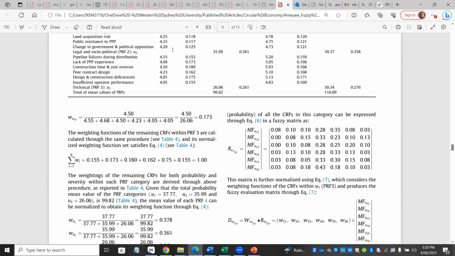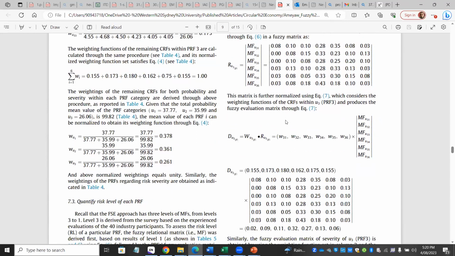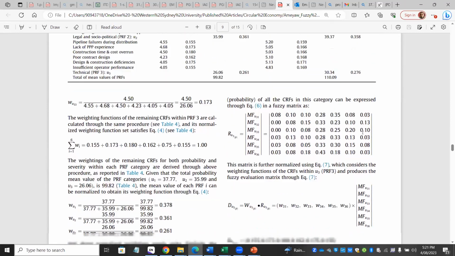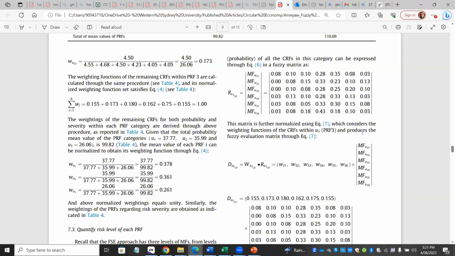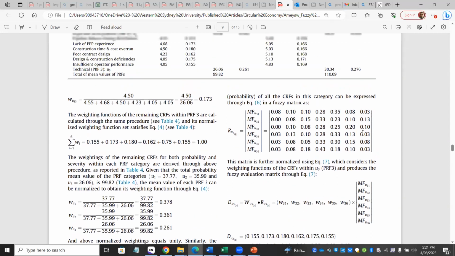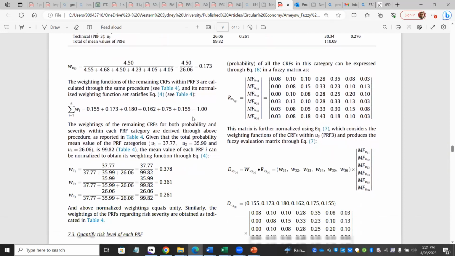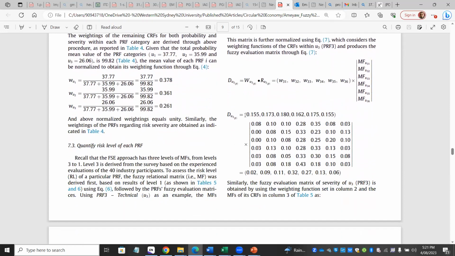That's exactly what has been done here. The weightings by the membership function. If you take the probability of occurrence, the weightings are 0.155, 0.173, 0.18, 0.162, 0.171, 0.155. And that's exactly what has been presented here.